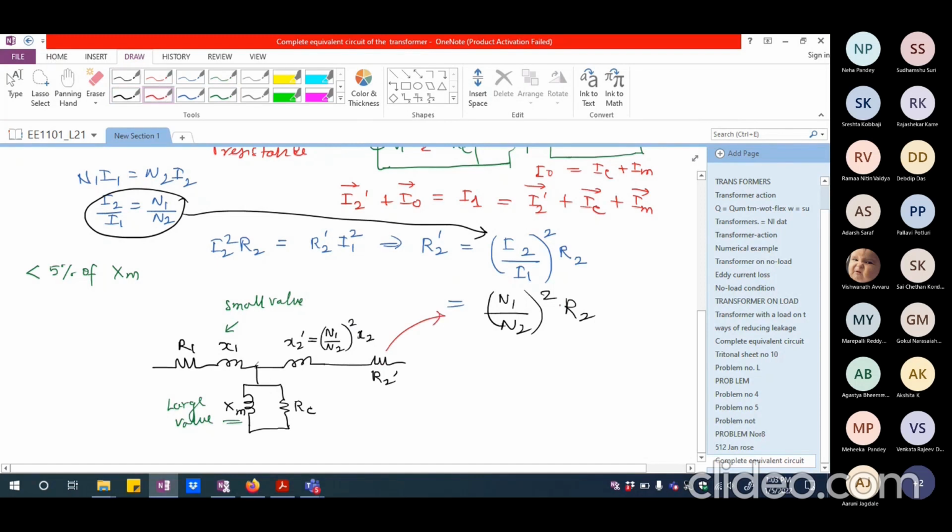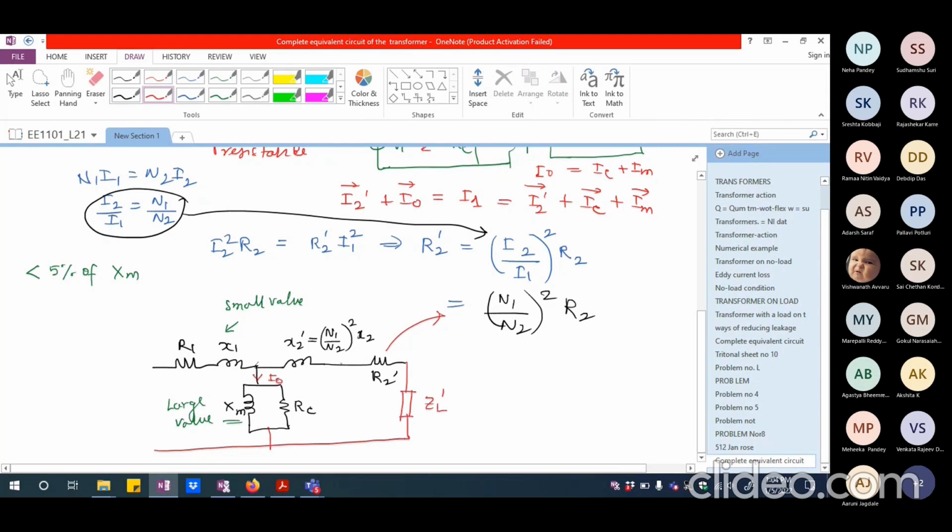Okay. And I'm going to have now the load connected on the other side. The load also, I cannot write ZL anymore. I have to write this as ZL dash because I have transferred everything to the primary. Okay. So I'm going to see that this is the equivalent circuit I have for the transformer, and this is I0.